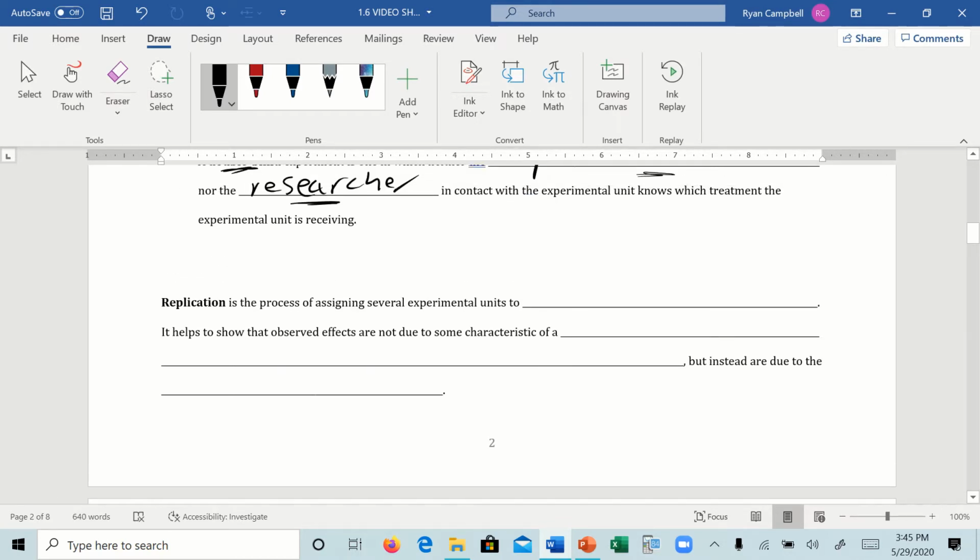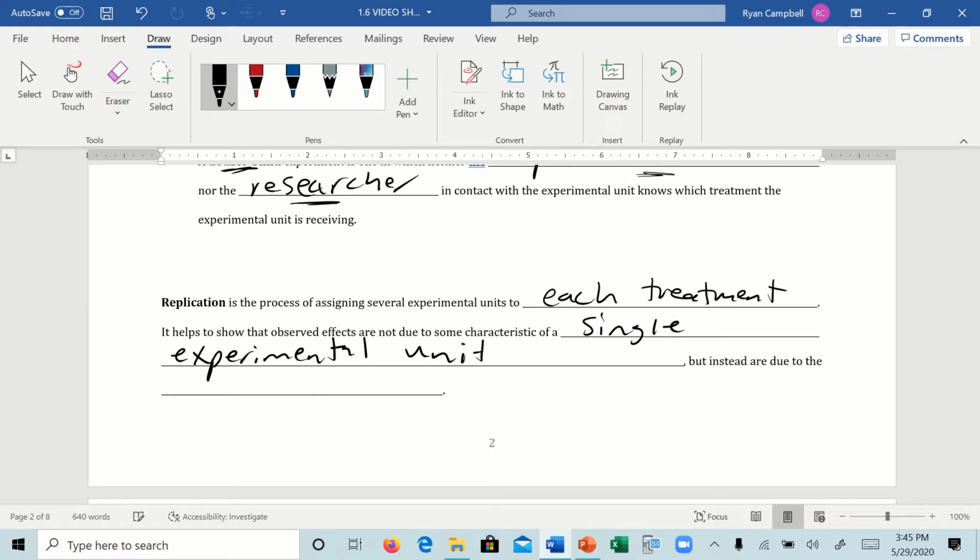And then we've got replication. Replication is the process of assigning several experimental units or subjects to each treatment. It helps to show that observed effects are not due to some single characteristic of some single experimental unit, but are actually due to the treatment.